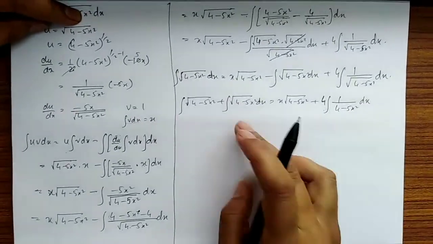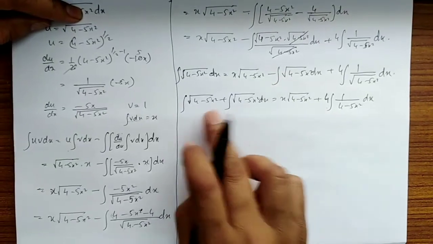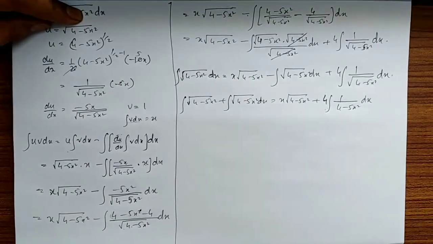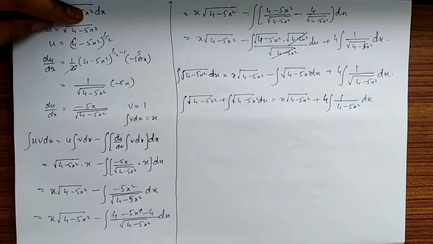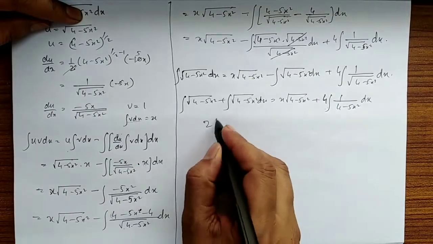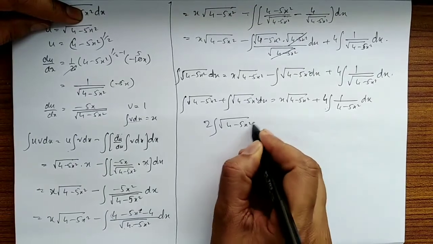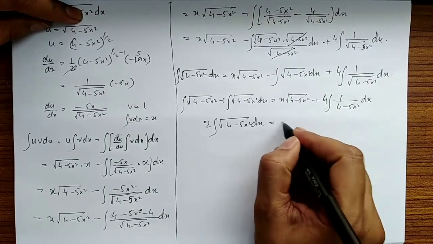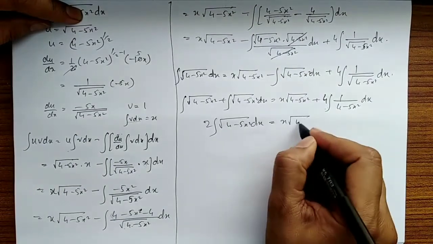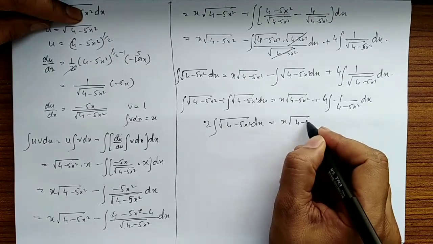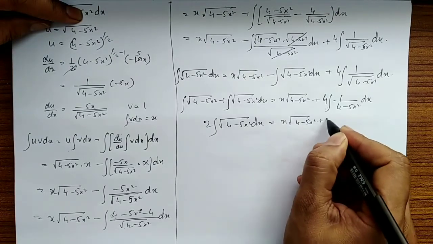We got this part, and now by adding these two parts, we got 2 times the integral of root of 4 minus 5x square dx, and on the right hand side that gives us x root of 4 minus 5x square plus 4.